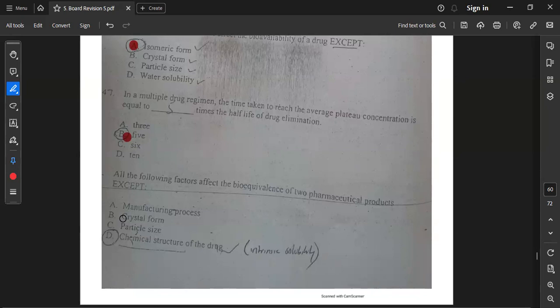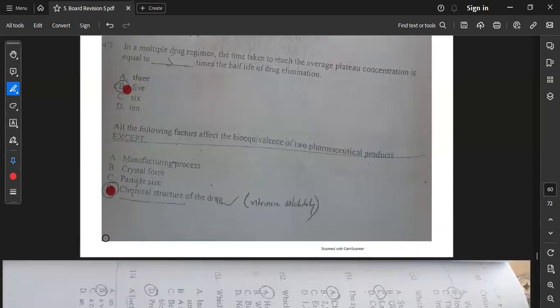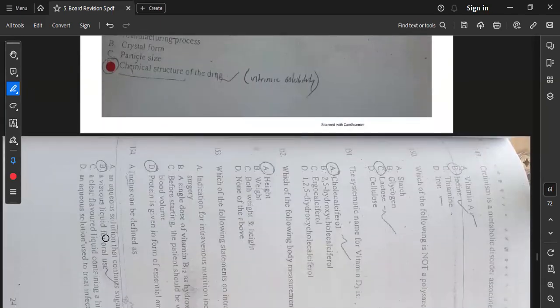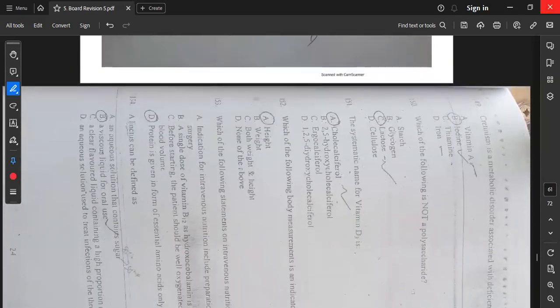The manufacturing process affects it because one can use a stronger compression force. It affects particle size, and we talked about the crystal form. Bioequivalence, we're just comparing the same drug from different manufacturers. So the chemical structure of the drug will just be the same, so there's no way it will affect the bioequivalence.